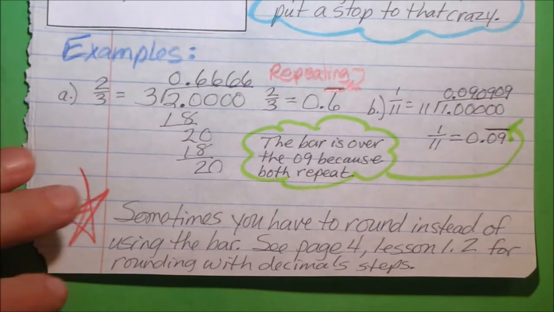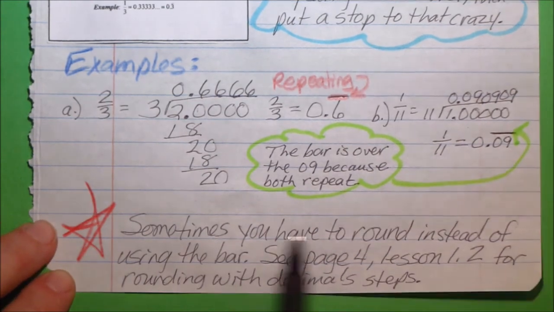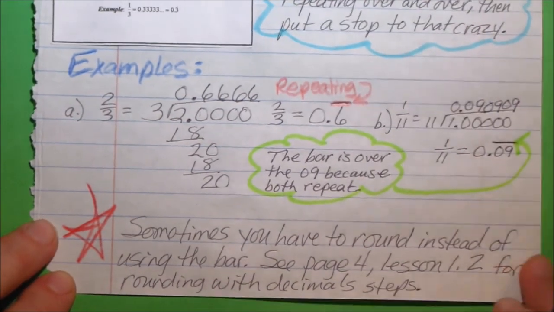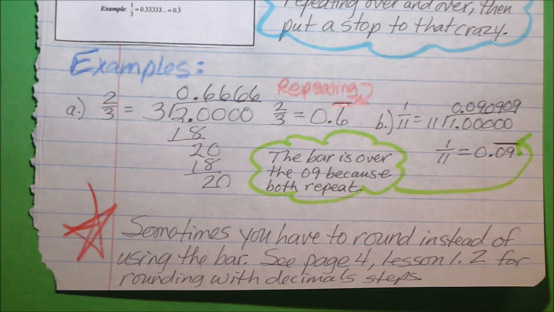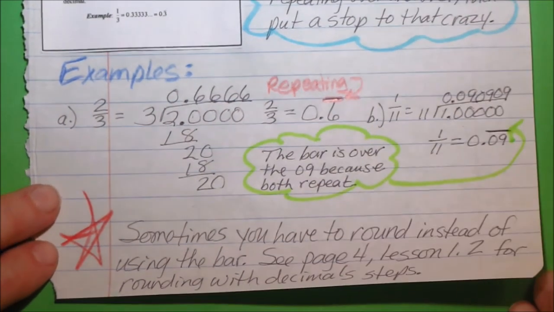Okay, you should know this, but if you need a refresher, that's what I'm telling you. Go back to this lesson here and get a refresher on how to round with decimals. All right. Okay, so that's the notes for lesson 2.2.